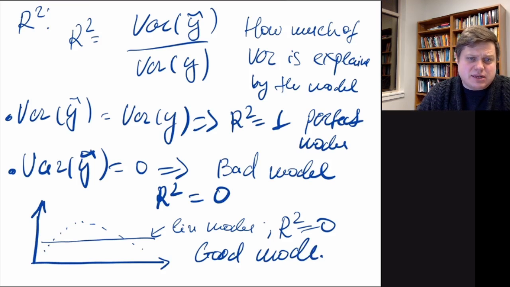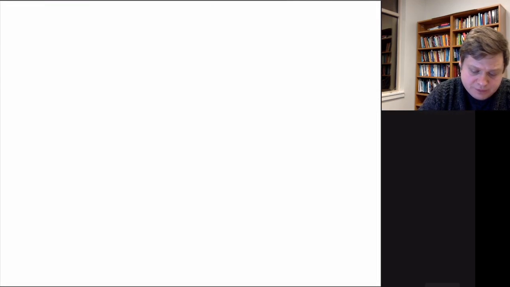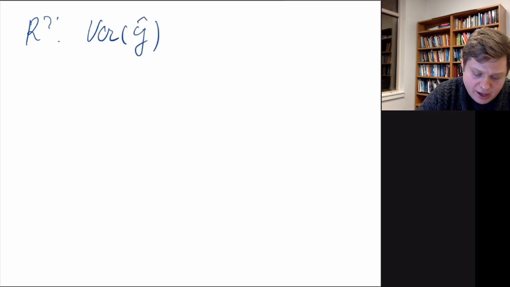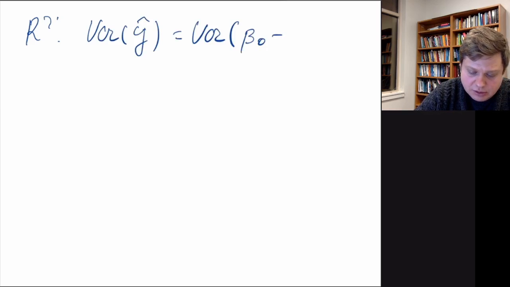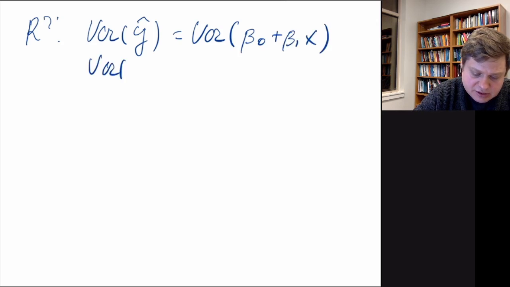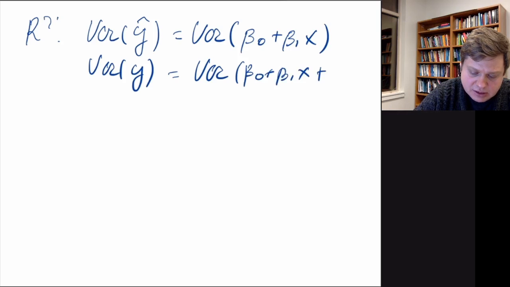So r squared being 0 doesn't tell us anything, okay? And we can also look at it from different perspectives. If we expand on this definition of r squared, the variance of y hat is just the variance of those points that belong to the line, beta 0 plus beta 1 x. And the variance of y itself is just the variance of beta 0 plus beta 1 x plus epsilon.